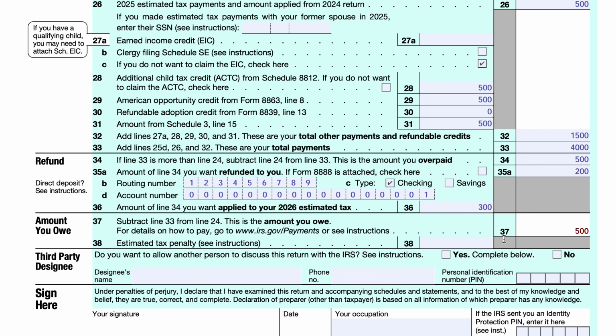So if you do owe this amount, generally most tax preparers will say, this is how much you owe to the IRS. Here are instructions on how you pay. You can pay electronically through the IRS website. That's generally how I would do it. You can also send a check if you want. Checks do tend to get lost in the mail, so keep that in mind, particularly during a rush season like tax season.